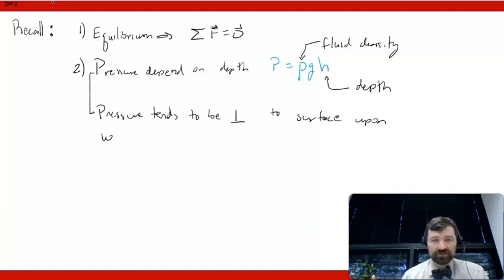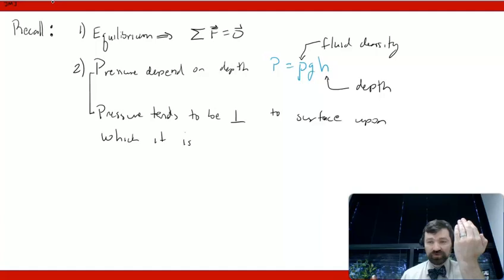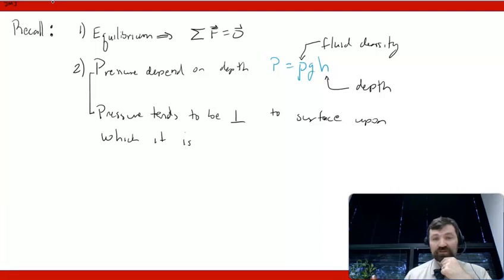This means that, among other things, it pushes upwards on the bottom of an object if it's a flat bottom, it pushes sideways on the sides, and it pushes downwards on the top of an object. This last part is really the part that's relevant to today's discussion.